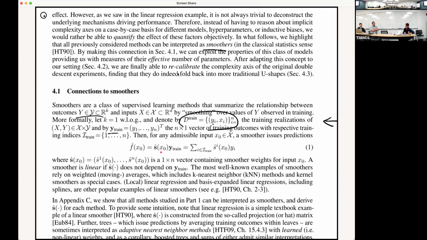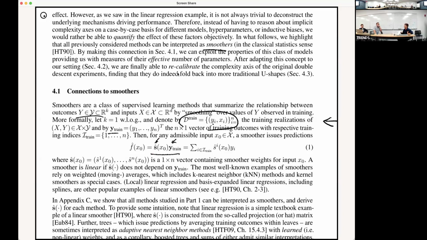This is a vector because you're considering all of the training values. And a smoother is a function where you have another vector that depends on the input data, and you have a product of that vector with the training values of the labels. When this vector S is computed independently of y, those are linear models.